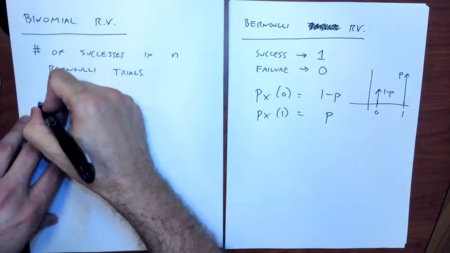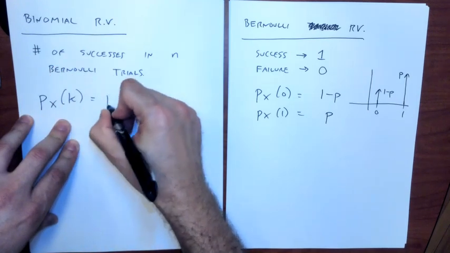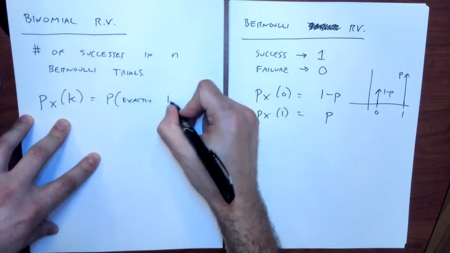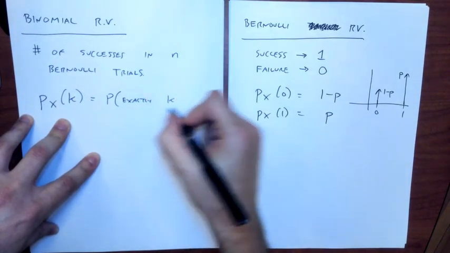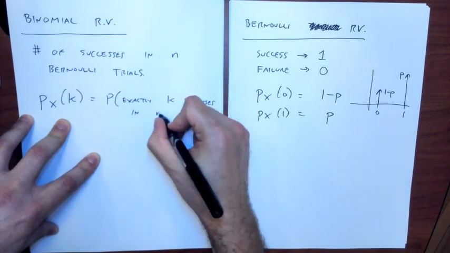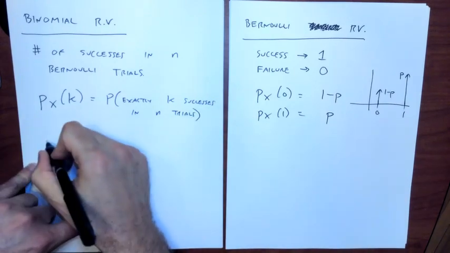right? So in this case, this is like saying the probability of exactly k successes in n trials. And we looked at this formula last time, right?